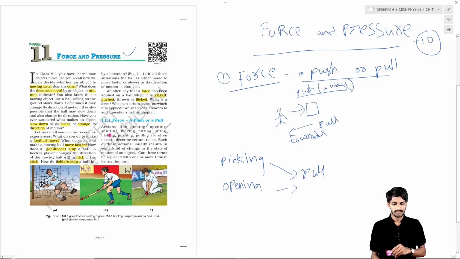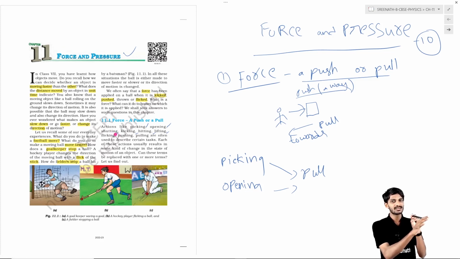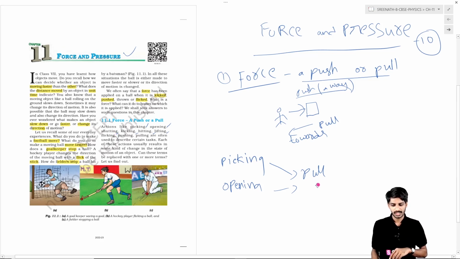Next, shutting means closing the door. If the door is open, you apply some force and close it. That is moving away from you, which means pushing. So push.